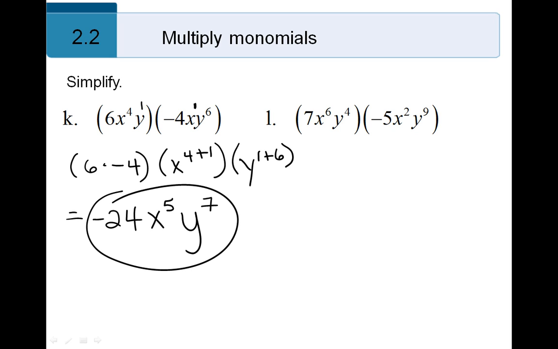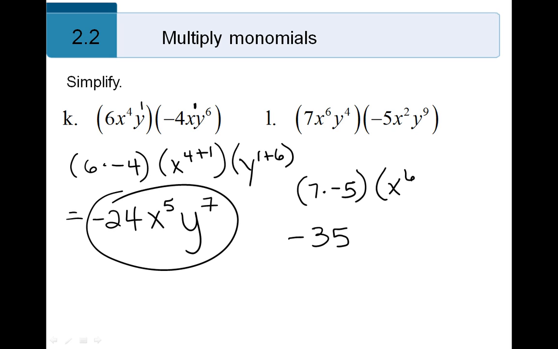The same with L. We have 7x to the sixth, y to the fourth, times negative 5x squared, y to the ninth. We'll multiply 7 times negative 5, which is negative 35. We have x to the sixth times x squared.